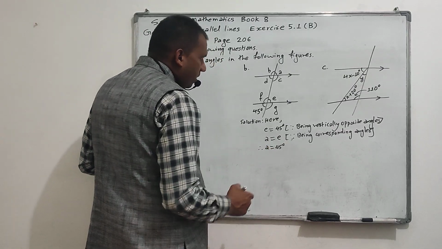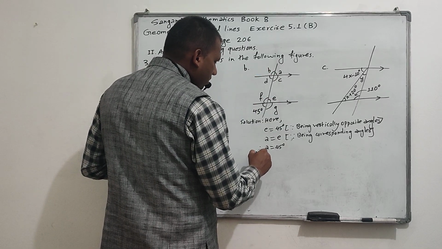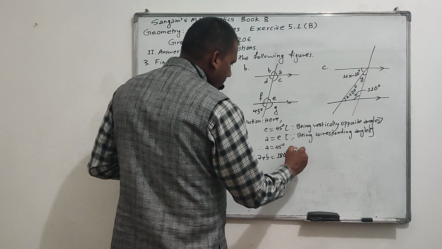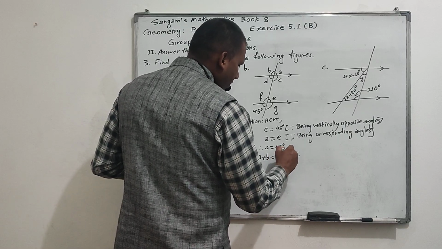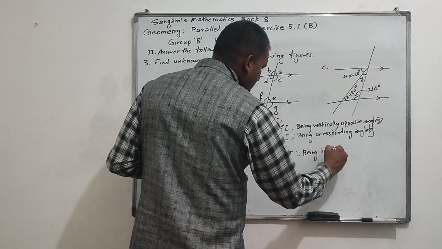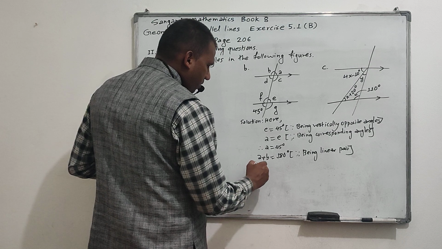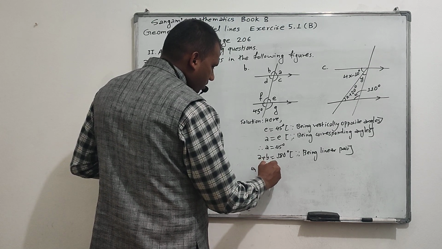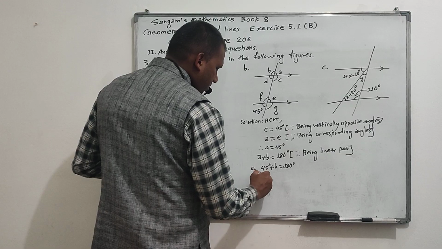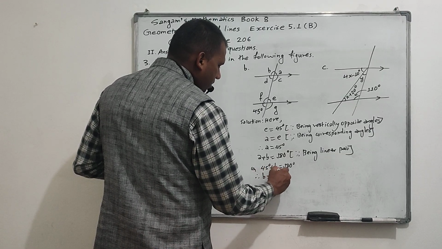Then A and B are linear pairs, so we can write A plus B equal to 180 degrees, because being linear pair. The value of A is 45 degrees plus B equal to 180 degrees. Therefore, B equals 180 minus 45, that is 135 degrees.